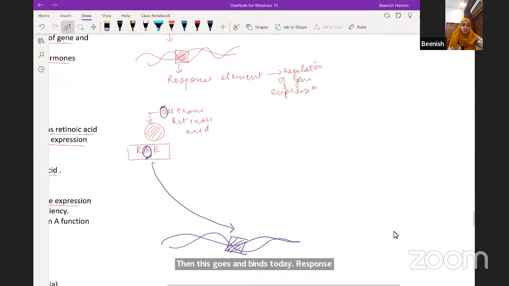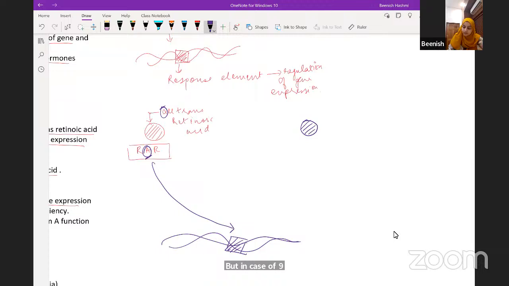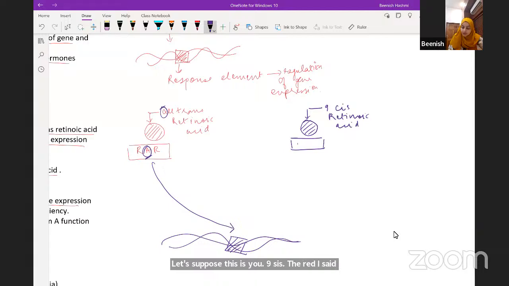But in case of 9-cis retinoic acid, let's suppose this is your 9-cis retinoic acid. It binds to the RXR receptor. Now, this will not directly bind to the response element. What happens? First, it will form a heterodimer.